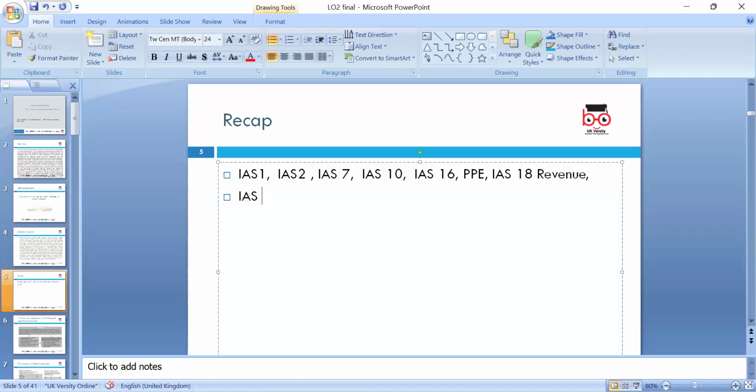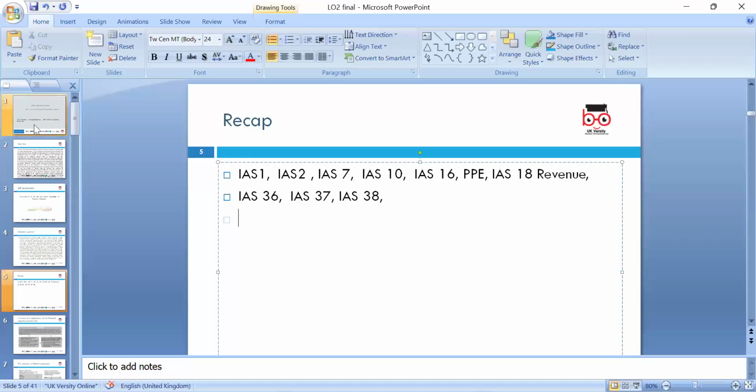We discussed IAS 36, impairment, IAS 37, and IAS 38, about goodwill adjustment and all. These are the standards we discussed in previous lessons, and we also discussed how many types of financial statements there are and the qualitative characteristics of financial statements during the last lesson.